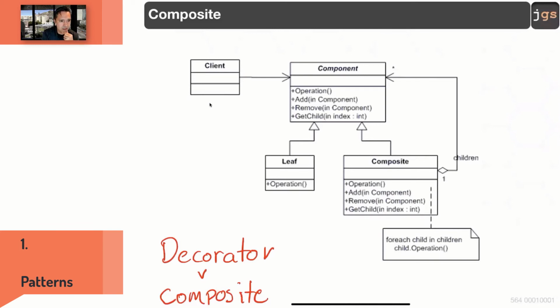And I am showing you the class diagram for composite. So if you remember decorator and you're looking at composite, did you notice any difference? Number one, here, one thing that is not happening is we do not have childs here for whatever reason.